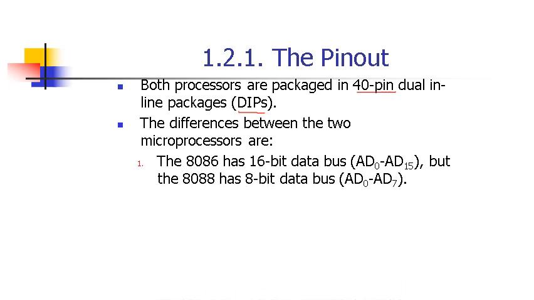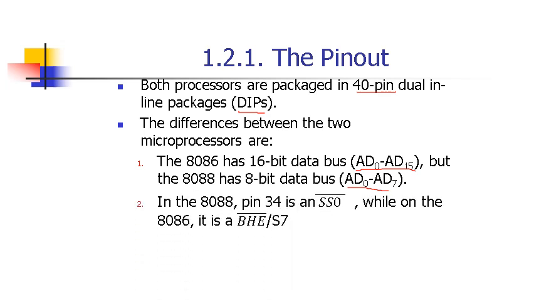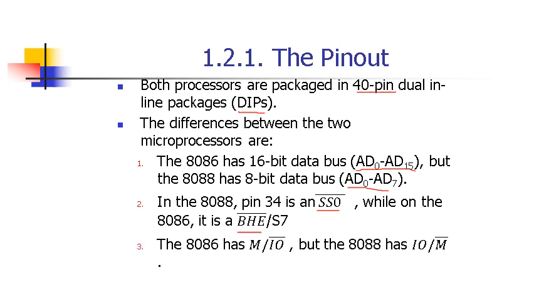And the differences between the two processors, as we said, AD0 through AD15 in 8086, while AD0 through AD7 in 8088. Pin number 34 refers to SS0 bar in 8088, while it refers to BHE bar slash S7 in 8086. And pin number 28 is M slash IO bar for 8086 and IO slash M bar for the 8088. Good.